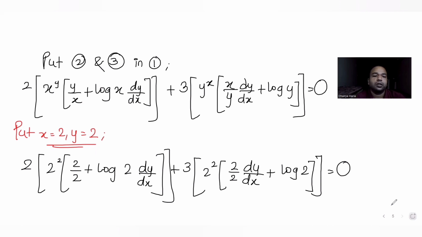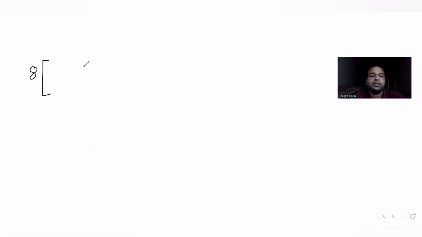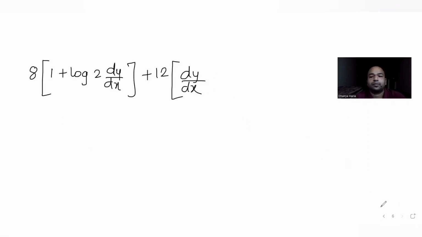So if I solve this further, let's see what I get. I get 2 multiplied entirely with 2 square, that makes it 8. This becomes 1 plus log 2 dy by dx. So 8 into 1 plus log 2, log 2 is multiplied with dy by dx, plus 3 into 4, that is 12. 2 by 2 is 1 again, so dy by dx plus log.